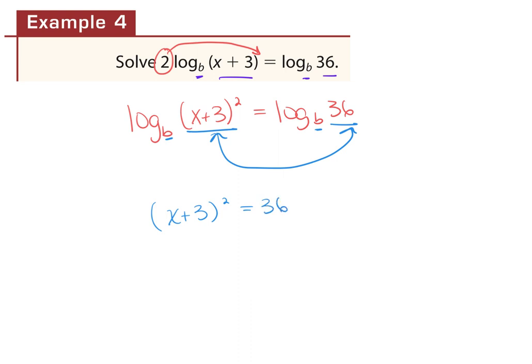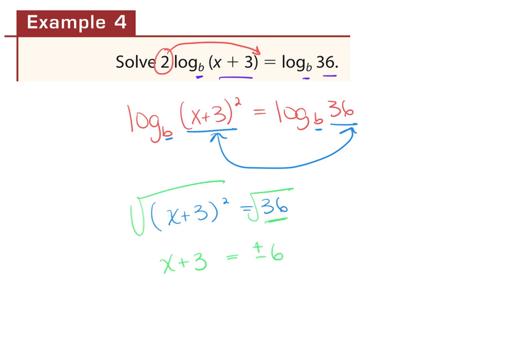How do I solve this? How do I get rid of a square? What do I do to both sides? X plus 3 times x plus 3. Oh, no, get rid of it. Right, so that does mean to multiply by itself. If I want to get rid of it, I'm going to do the square root. So x plus 3, we'll get rid of that square. What is the square root of 36 when a variable is involved? Positive or negative 6.